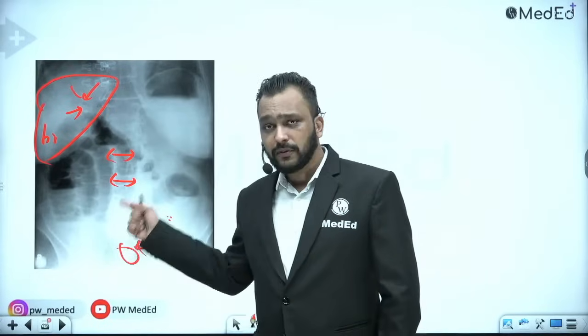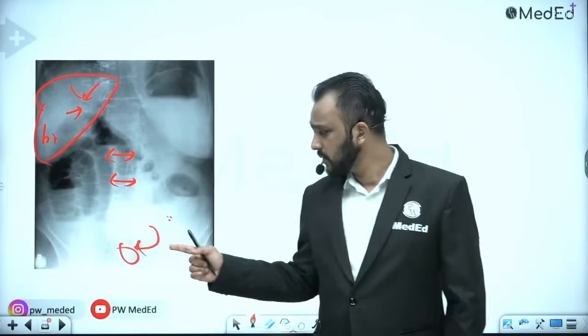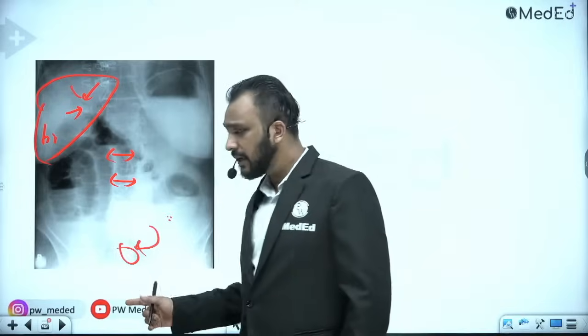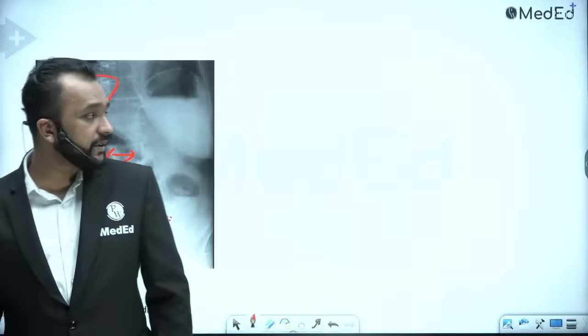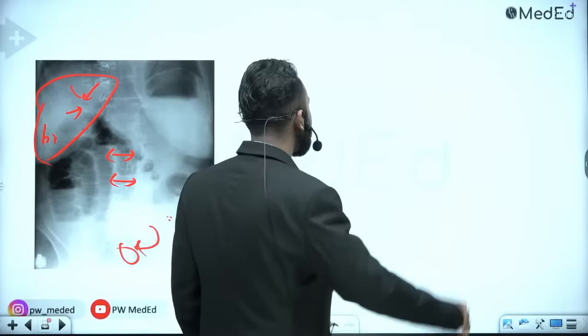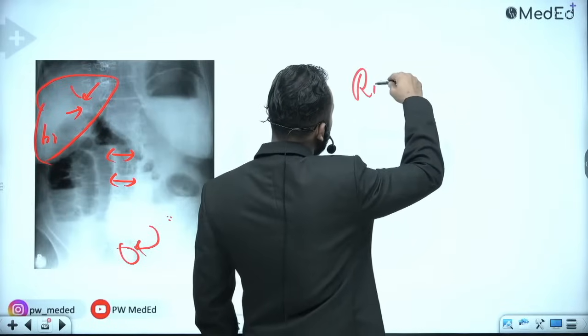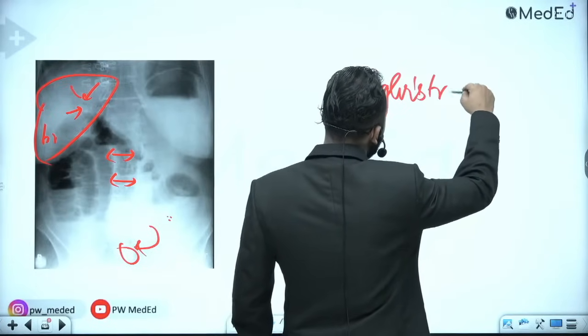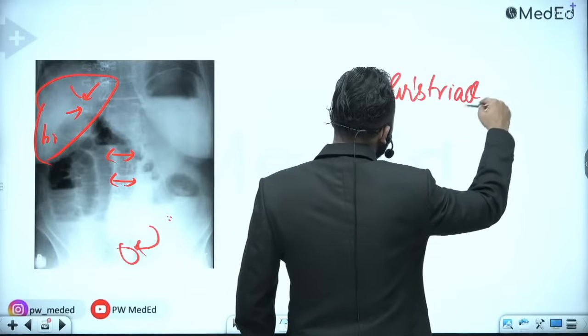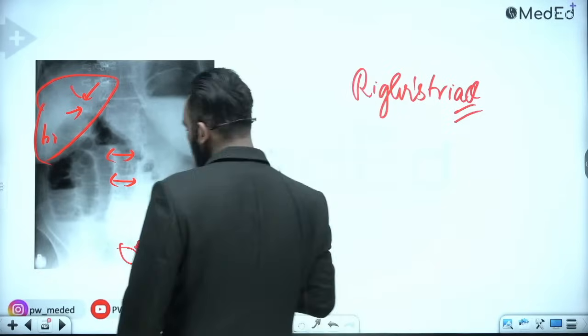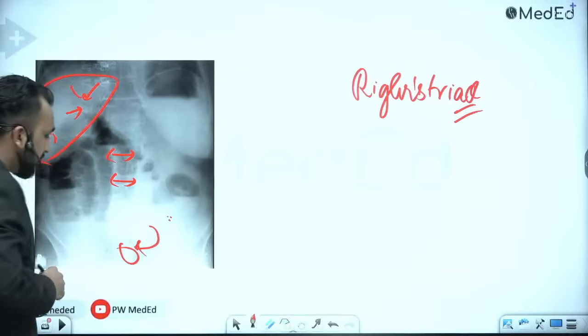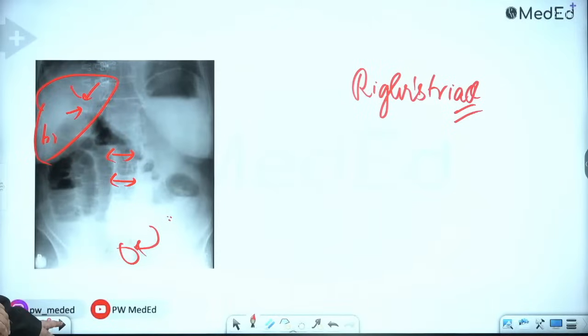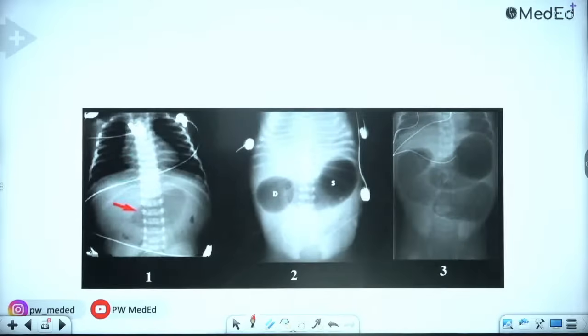So this is your small bowel obstruction due to gallstones, and there is pneumobilia in this patient, and this is what is present in Rigler's triad. Pneumobilia, you have gallstone ileus which can get stuck in the terminal ileal loops, and you have dilated small bowel loops.